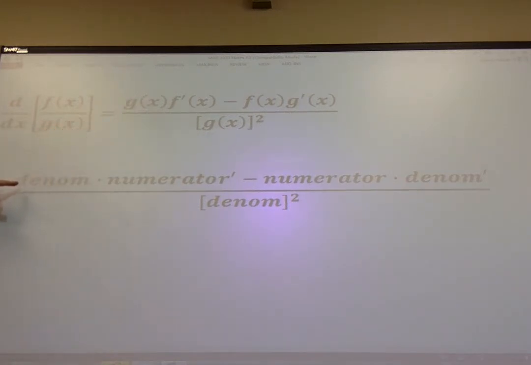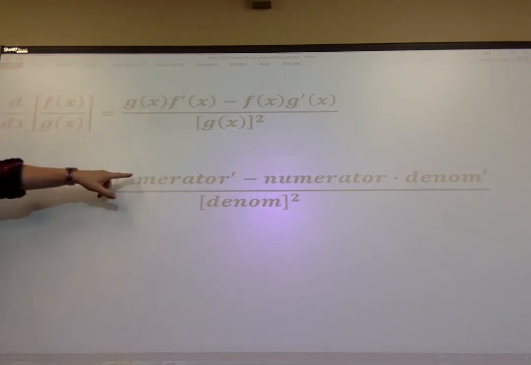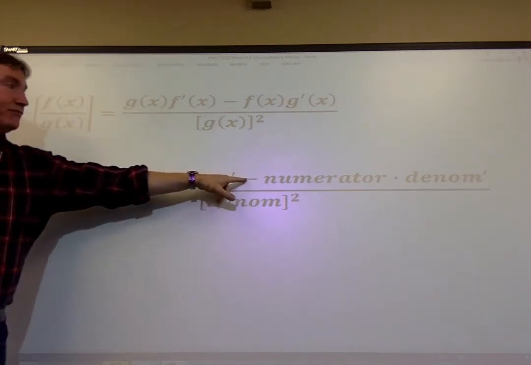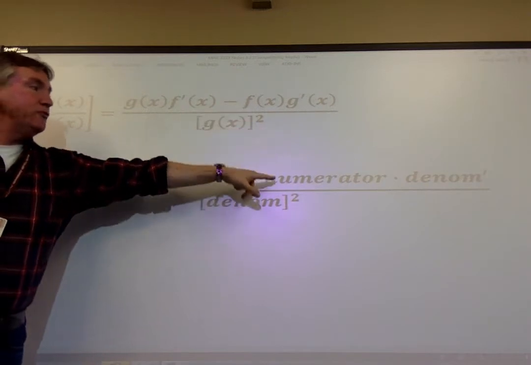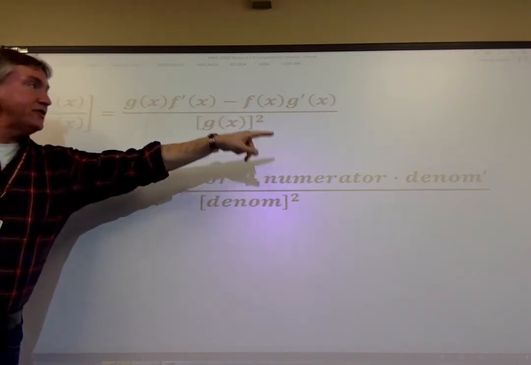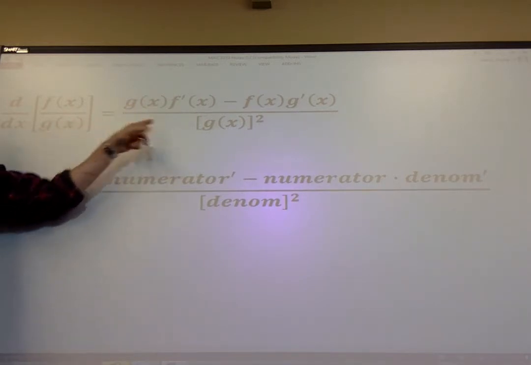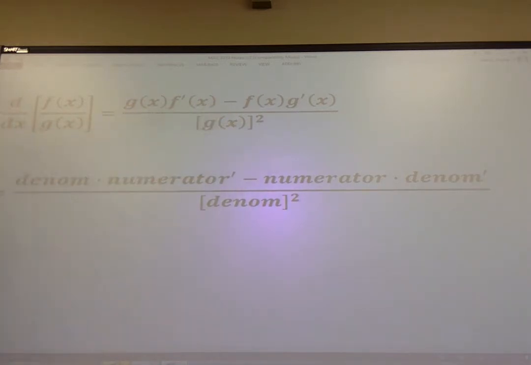I would memorize these words. You take the denominator, which is g of x, times numerator prime, f prime, minus what? Numerator f of x times denominator prime, all divided by what? The denominator squared. Do you think you could remember it in those words? That's the way I remember it.